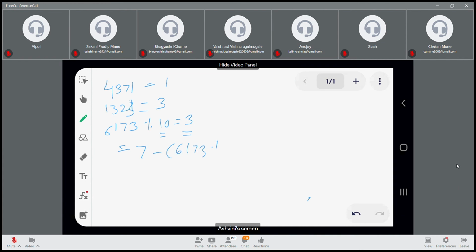6173 mod 7. Is this correct? Yes, ma'am. So 7 minus 6173 mod 7 is 6. Please check the value, is it 6?